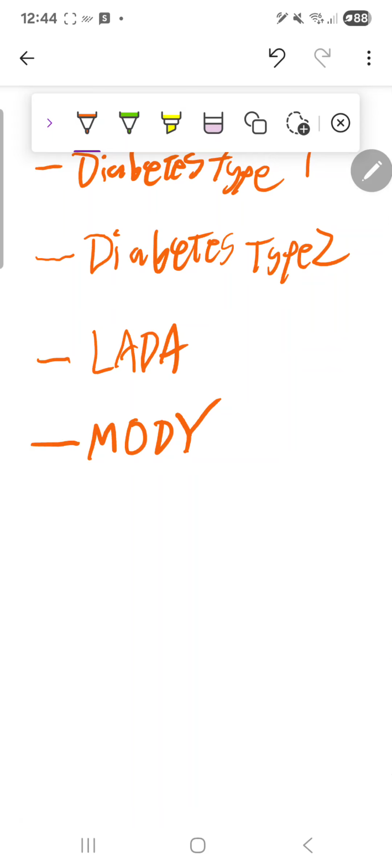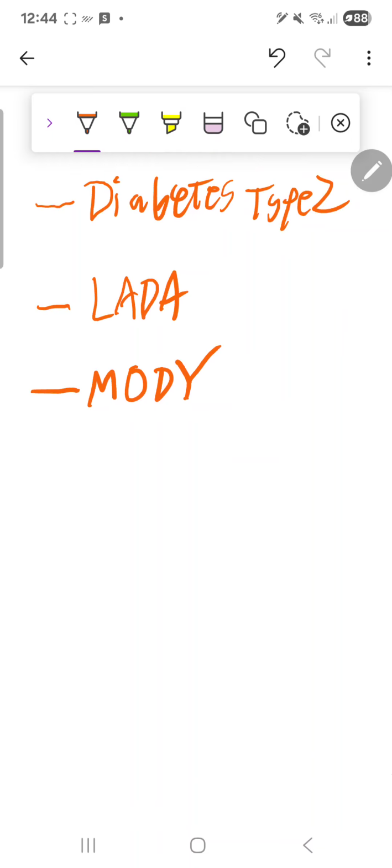So it's basically the opposite of LADA, to put it roughly, but the typical patient is under 25 years old. And this is a monogenic disease, which means that there is one gene the patient has, and it has a mutation. And when that mutation occurs, it leads to the development of this disease.